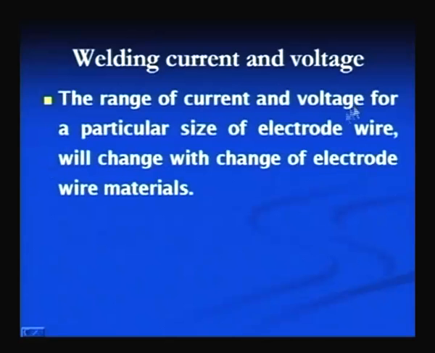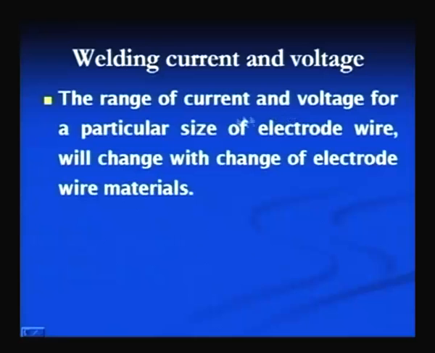The range of current and voltage for a particular electrode size and wire will change with the change of electrode material. Here some of the materials can withstand high current, meaning that they can work effectively even with a higher range of current, but that in turn will be affected by the electrode size.